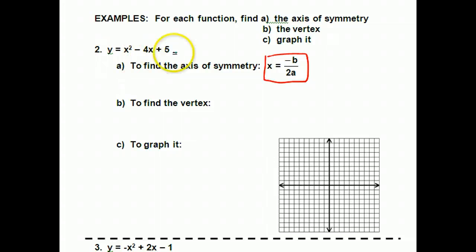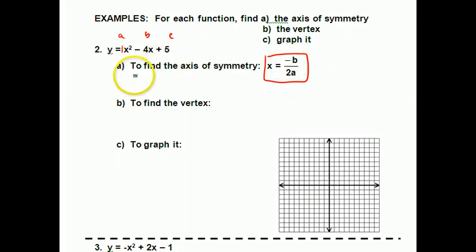So if we have our equation here, which is in standard form, so here's my A, B, and C, just like when we were solving equations. Okay, I can use this formula to find that axis of symmetry. So our axis of symmetry, for y is equal to x squared graphs, is going to be an x equals line. It's going to mean it's a vertical line, right? Okay, so let's use our formula here.